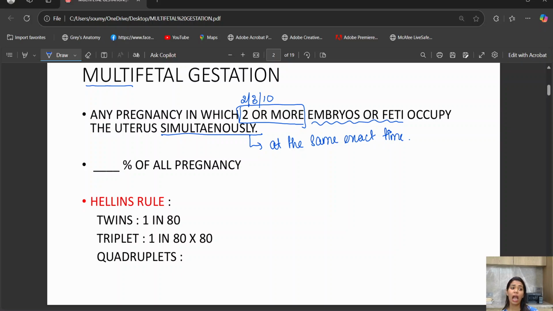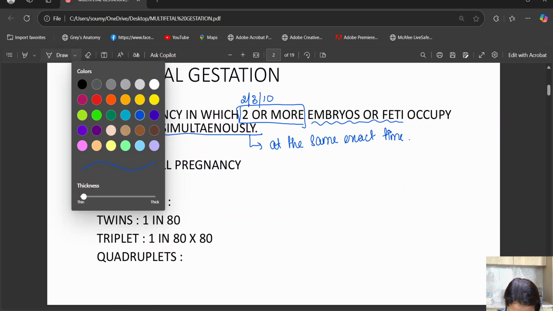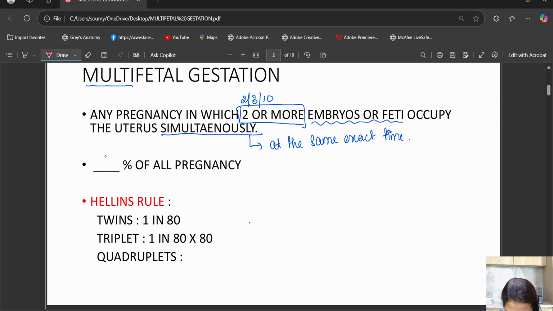Then what is the frequency of multifetal gestation? Out of all pregnancies, how many end up being a multifetal gestation? So it is about 1%. 1% of all pregnancies are multifetal gestations.